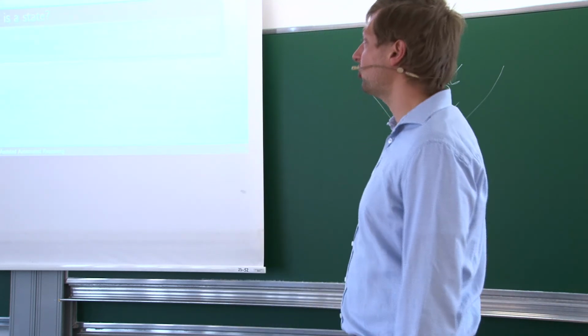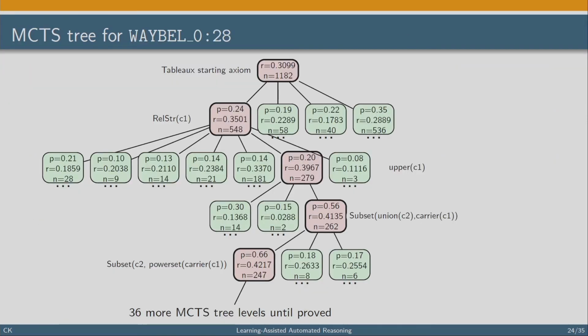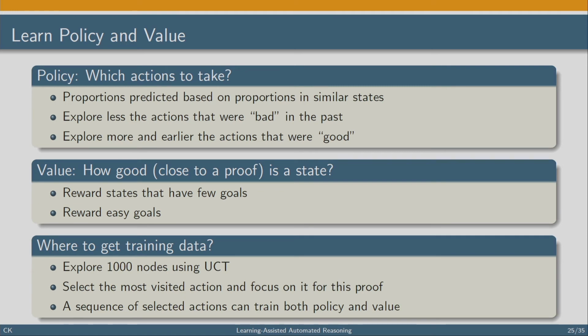How are we getting training data for policy and value? Well, if we just look at our graph here, sometimes we have so few visits that maybe we don't want to consider such states. Therefore, what we do is we explore 1,000 nodes using UCT, starting from a starting node.